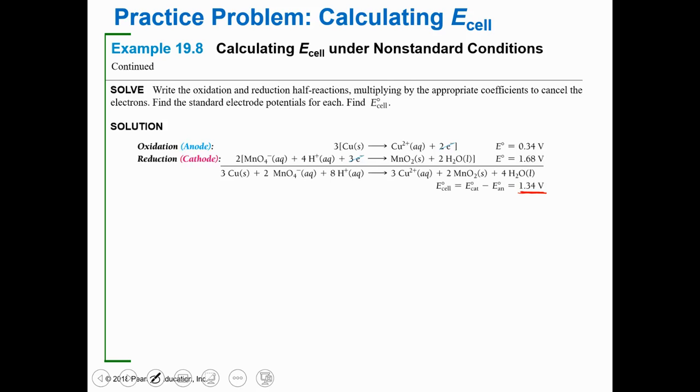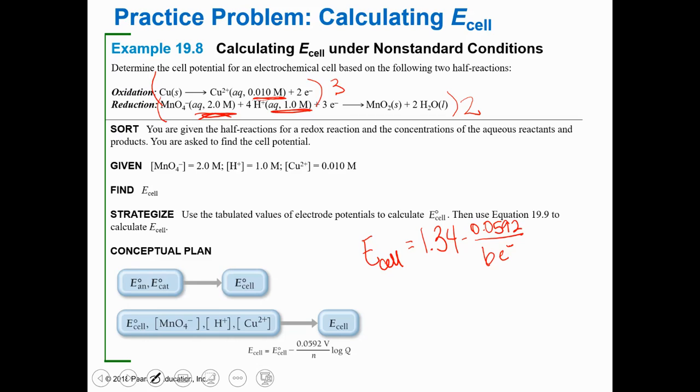I just want to see the direction. So our copper is a product. Okay, so our copper is the product, and there are 3 of them, so it's 0.01 cubed. And then our permanganate is 2 squared times 1 to the 8th, but that's just 1.